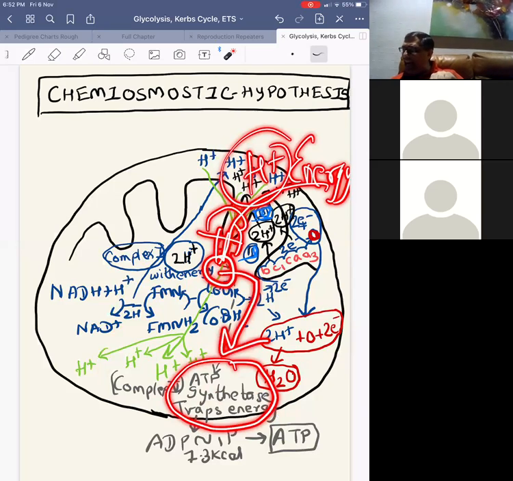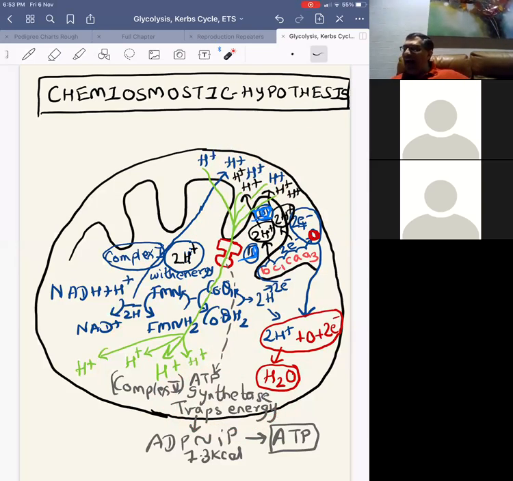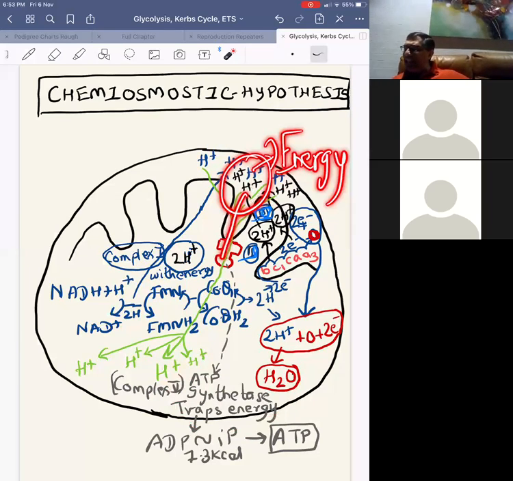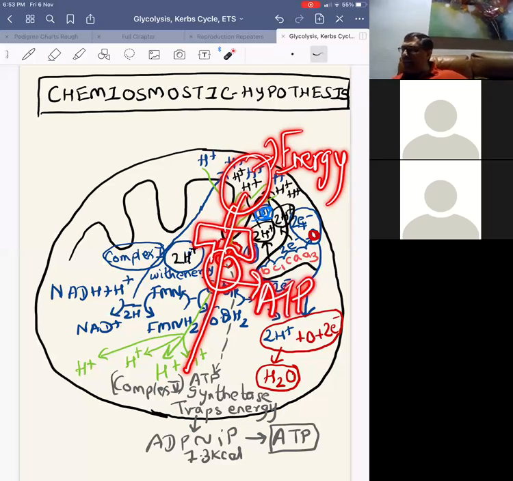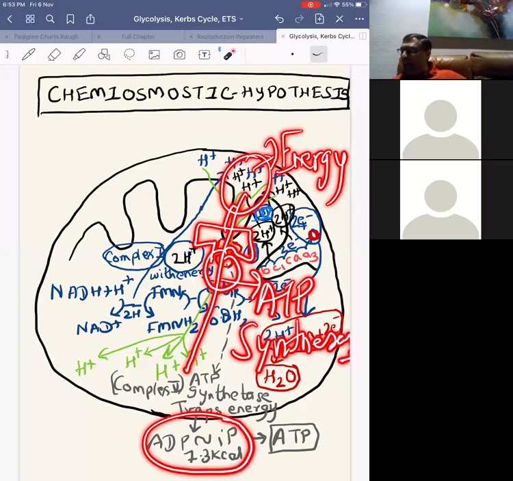ATP synthase traps the energy, and that energy is combined between ADP and IP to form a molecule of ATP.